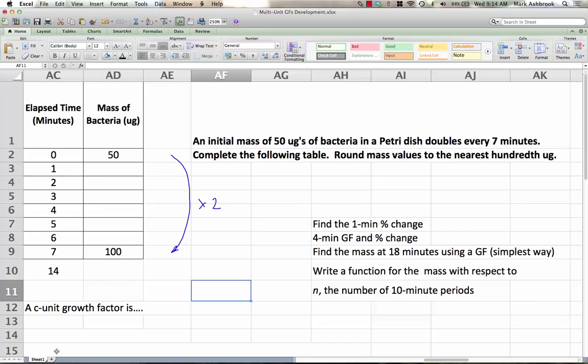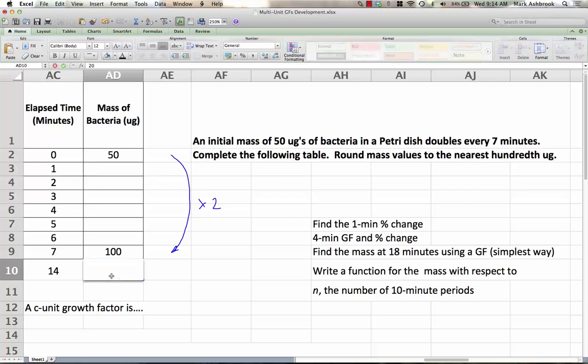So then at 14, what's the mass at 14? That's another double. That's another 7 minutes gone by. So it doubles.